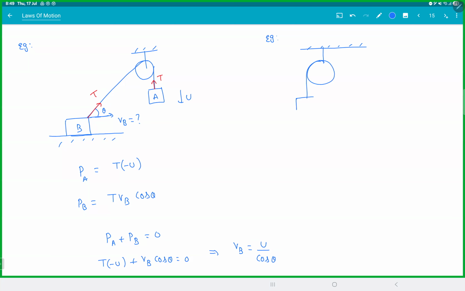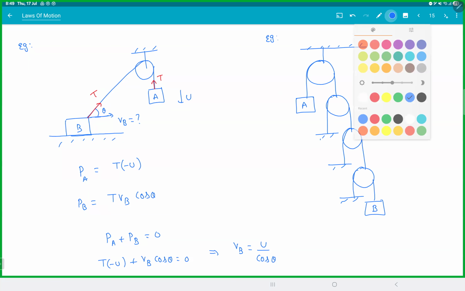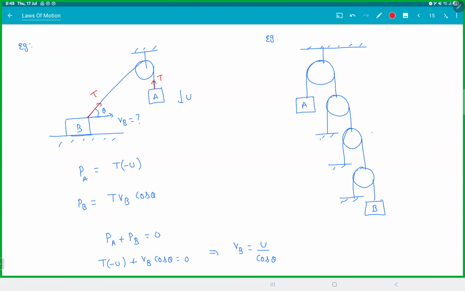Suppose this is A, and let's say A is going up with 1 meter per second. What will be the velocity of B?